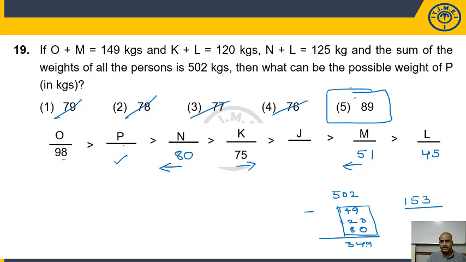Possible weight of P can be 89. Choice 5. So P is 89, and as P plus J is 153, J is 64. It is not violating any conditions.